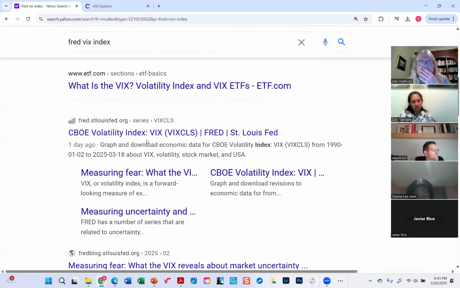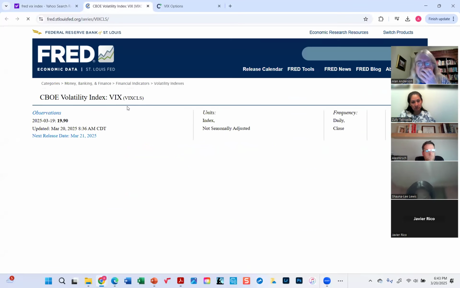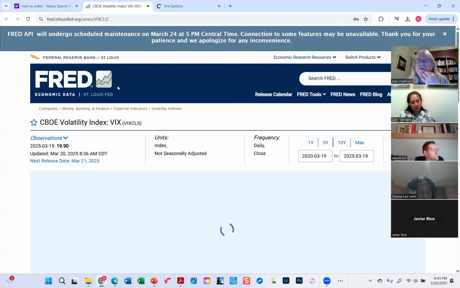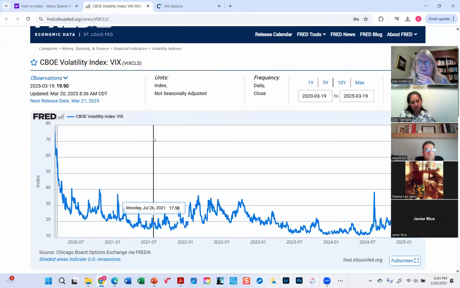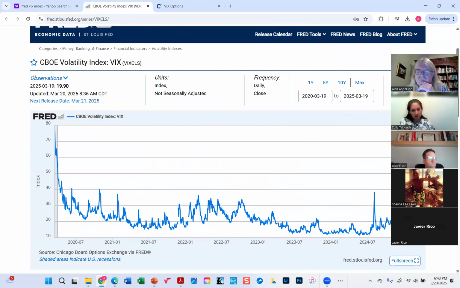Let's see. Oh, here it is. So the St. Louis Fed, they have this economic database called FRED. And so this is what the VIX index has looked like over the last, let's say, 5 years. So what they've done here, they've created an index. Think of it as the volatilities of Standard & Poor's 500 options.